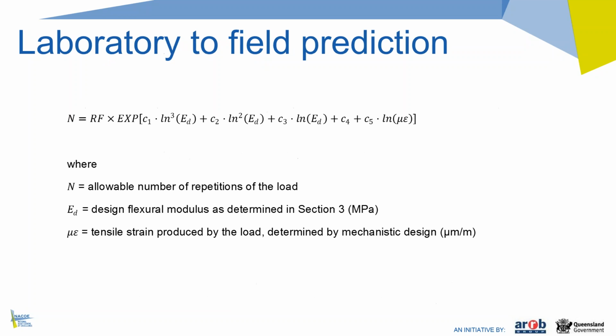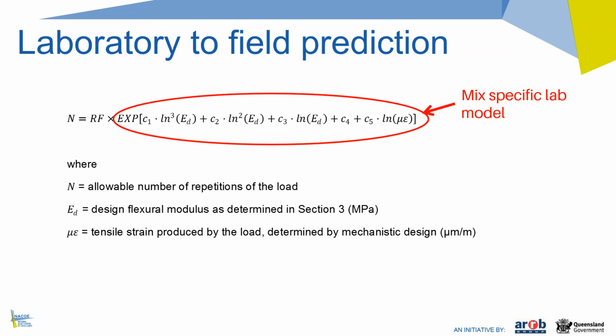Okay, so then we have developed our mix-specific laboratory fatigue model, and we would have unique values for C1 to C5, and then we need to use that model to predict field performance.